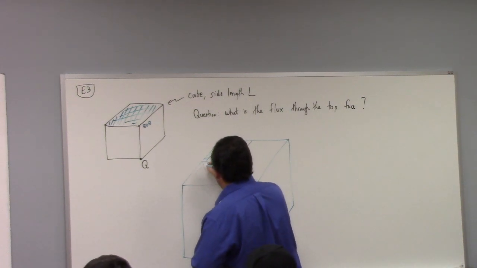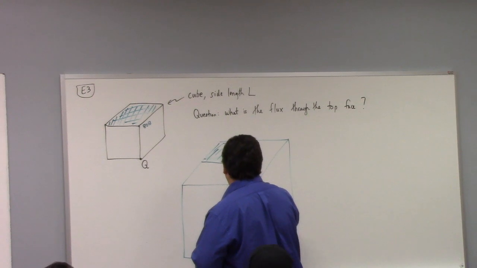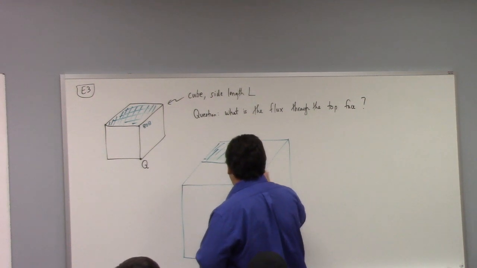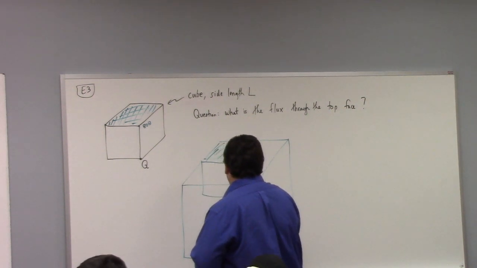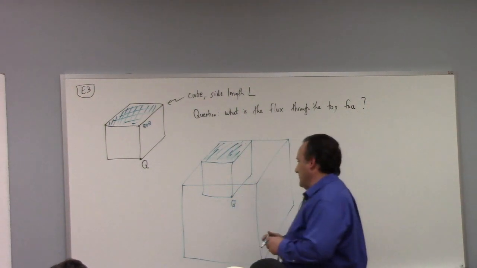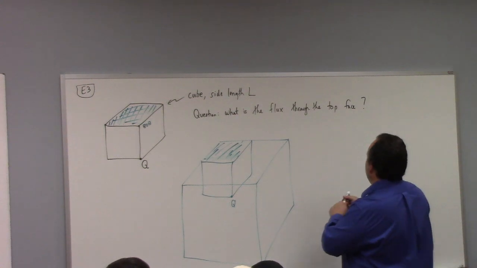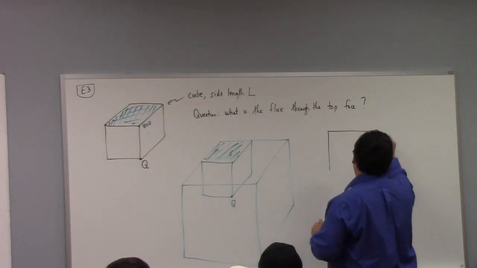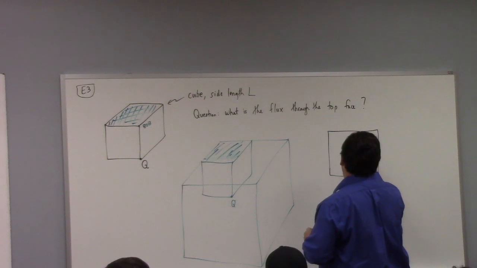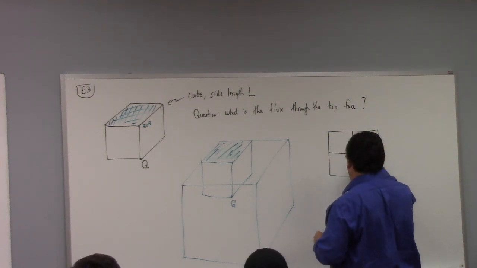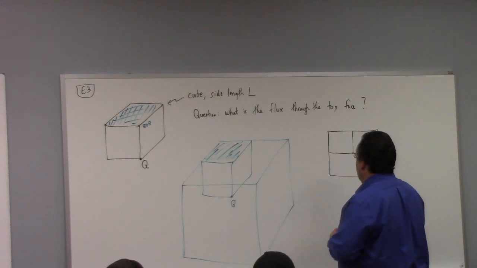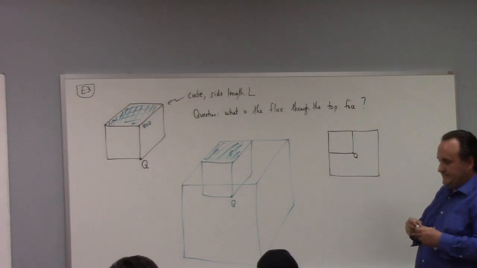Inside here, my picture's probably breaking down, but maybe it'll help. Let me draw a top-down view. So here's where the original cube was, and the Q is right here.